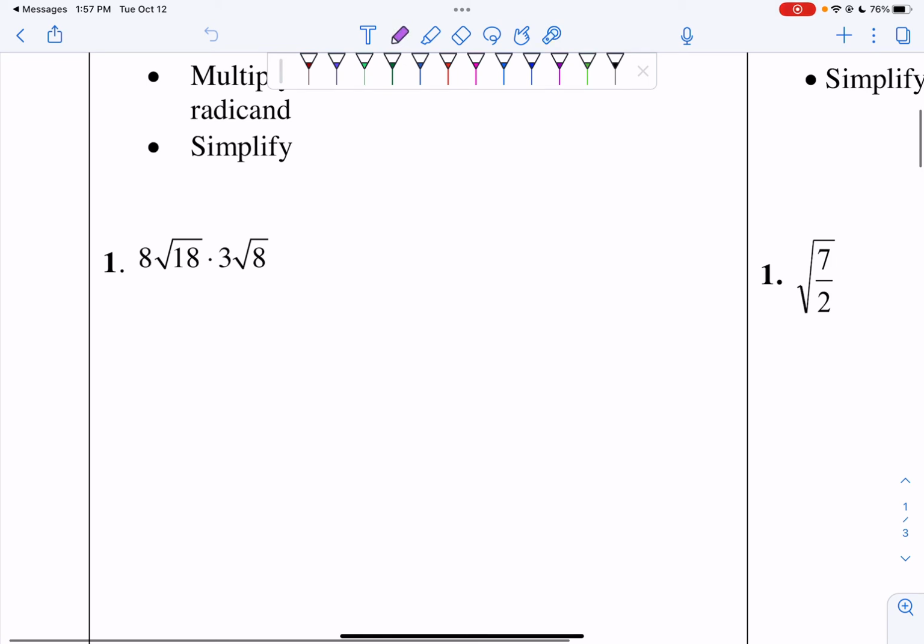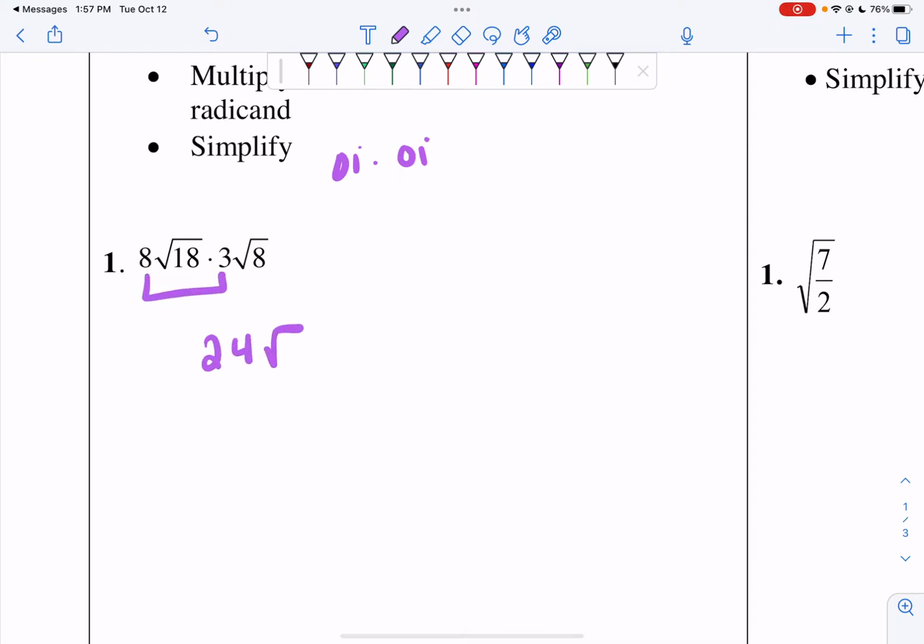I like to do this thing called OI times OI, where you do your outsides and then your insides. So if I look, I'm going to do 8 radical 18 times 3 radical 8. I'm going to do 8 times 3, which is 24. Then I'm going to do 18 times 8, which is 144.